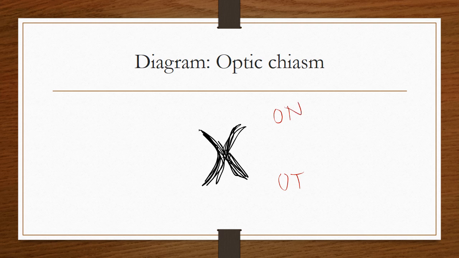So this would be the right optic nerve, and this would be the left optic nerve. And then after this, this would be the left optic tract and the right optic tract.